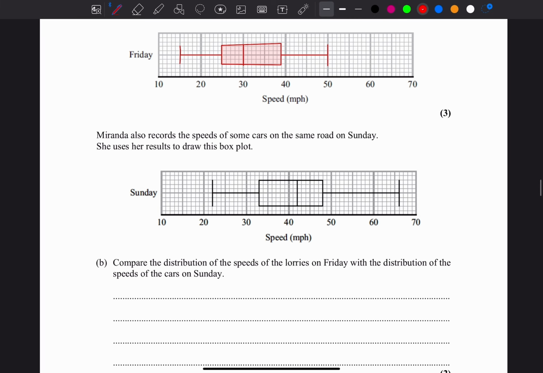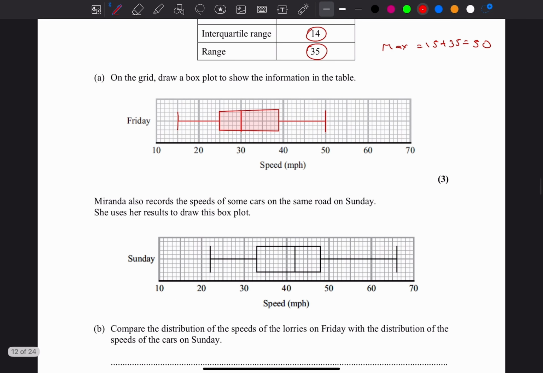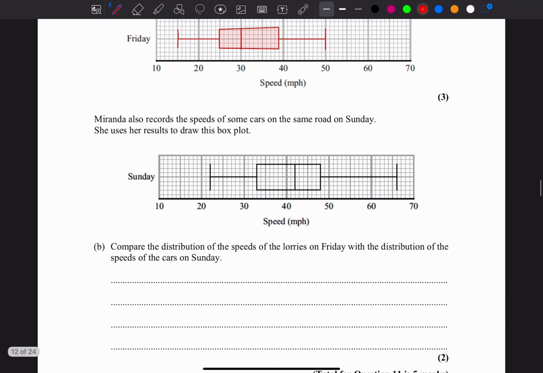Compare the distribution. This is about the speed of cars. Okay, so on average, cars on what day? Sunday, right?